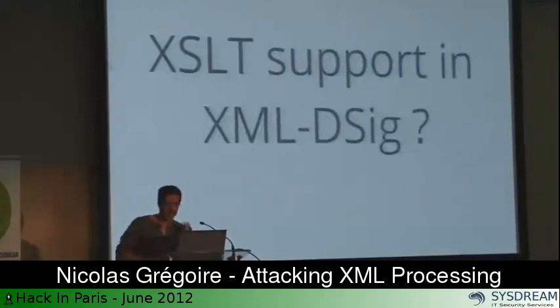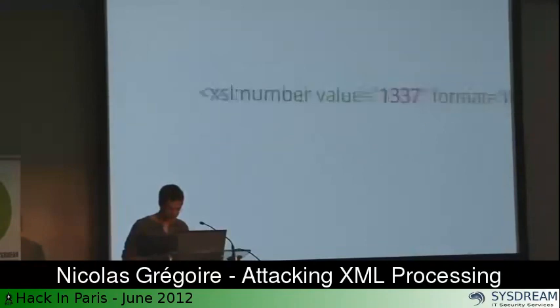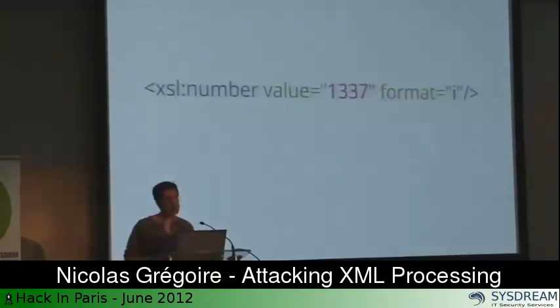Okay, exactly the same problem, but now we have an XML digital signature solution provided, for example, by your own government for changing your passport or things like that. And you want to know if they are using XSLT. So we will use xsl:number, which is in the XSLT specification by default.